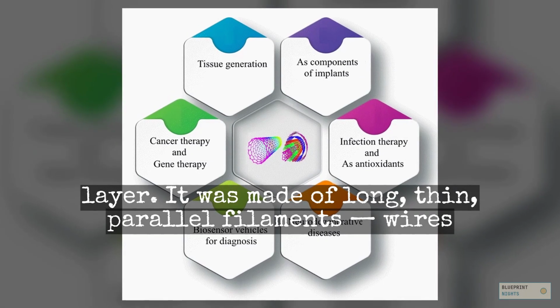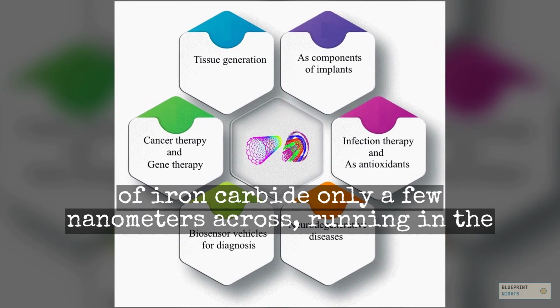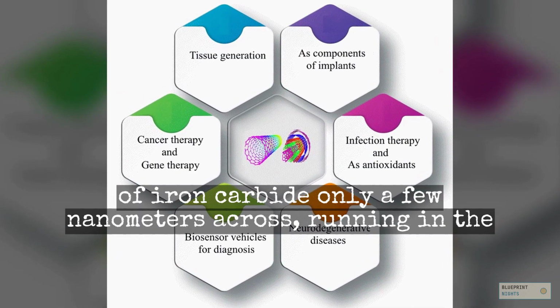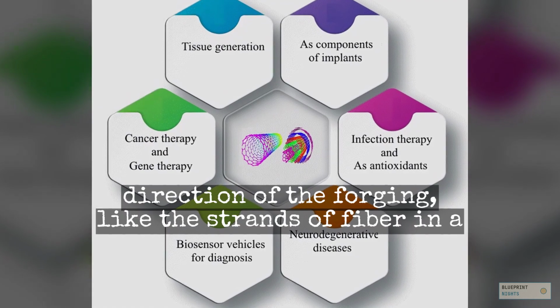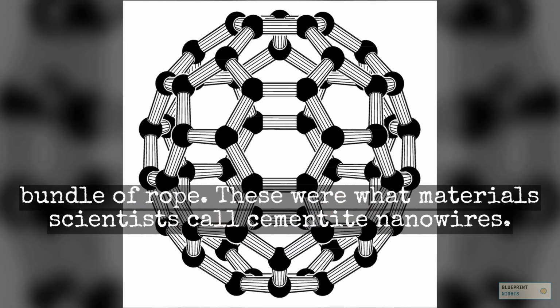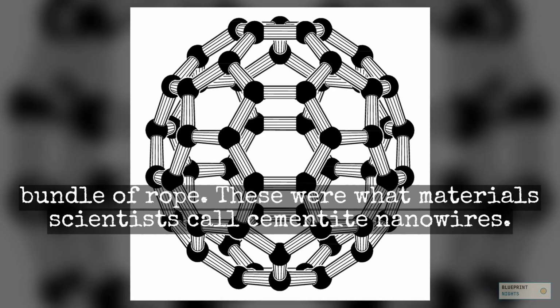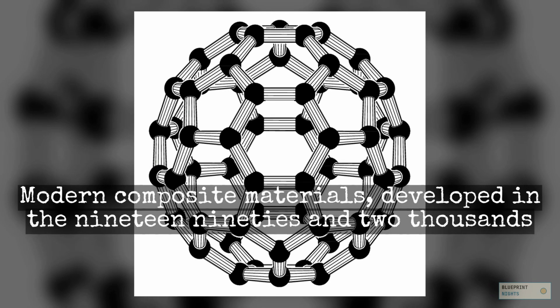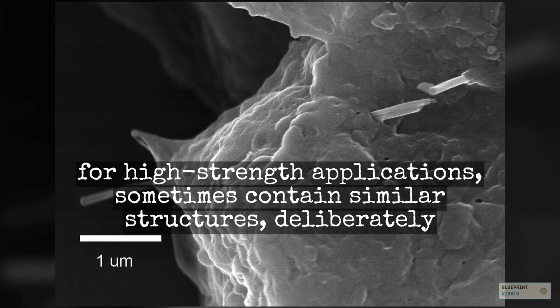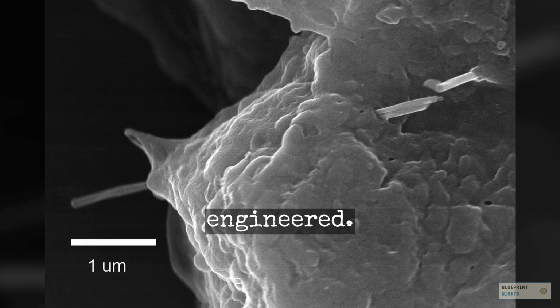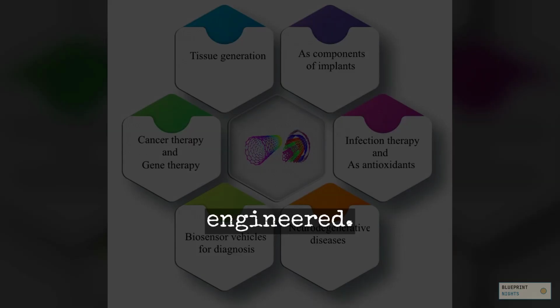It was made of long, thin, parallel filaments. Wires of iron carbide only a few nanometers across, running in the direction of the forging, like the strands of fiber in a bundle of rope. These were what materials scientists call nanowires. Modern composite materials, developed in the 1990s and 2000s for high-strength applications, sometimes contain similar structures, deliberately engineered.